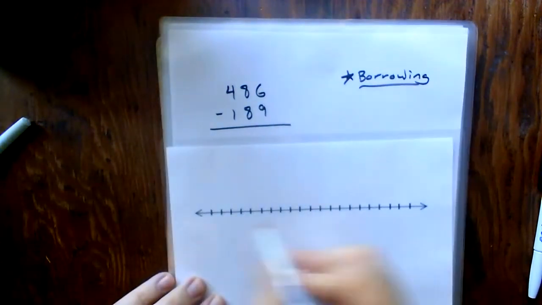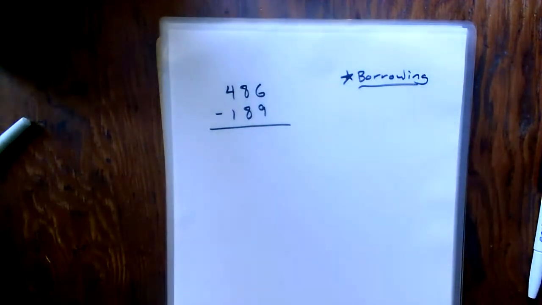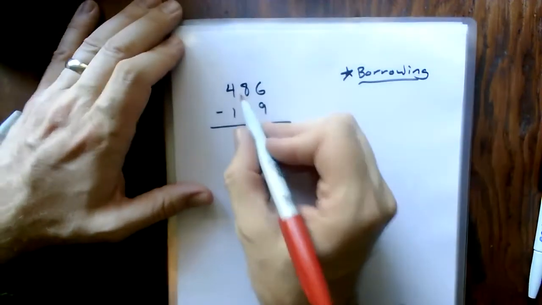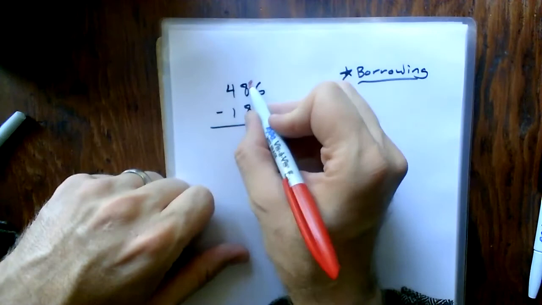So if I were on my number line, I would be going back beyond that 0. So instead, what I can do is remember that this 8 is 10 of these. So I'm going to borrow 1.